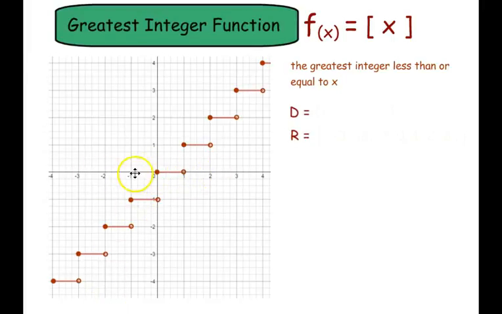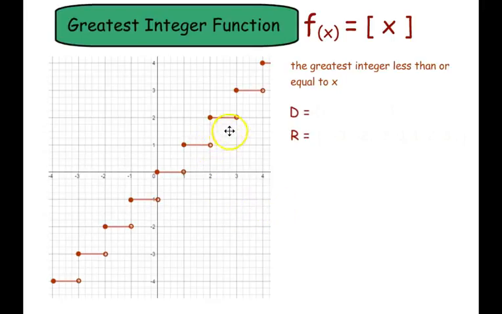If x is -1.5, the greatest integer less than that would be -2. So (-1.5, -2) is on the graph. Let's go positive. Let's say +2.5. What's the greatest integer less than or equal to 2.5? It's 2. So (2.5, 2) is on the graph.